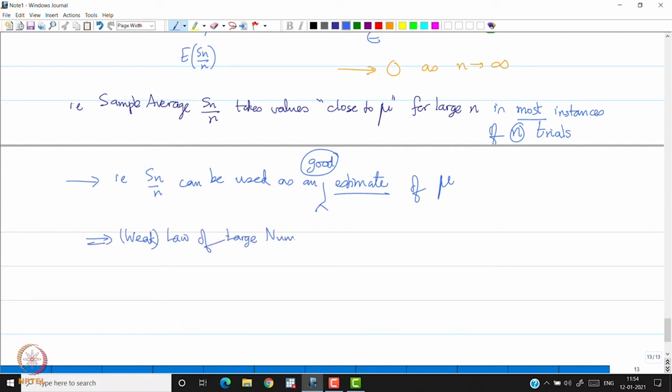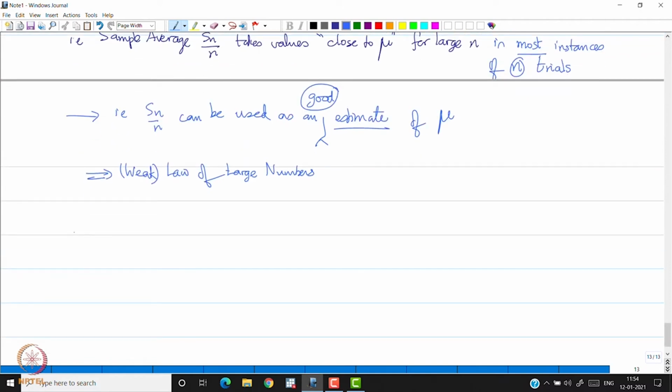To justify it, let me just take one example. I am going to take the example of estimating an unknown probability itself.